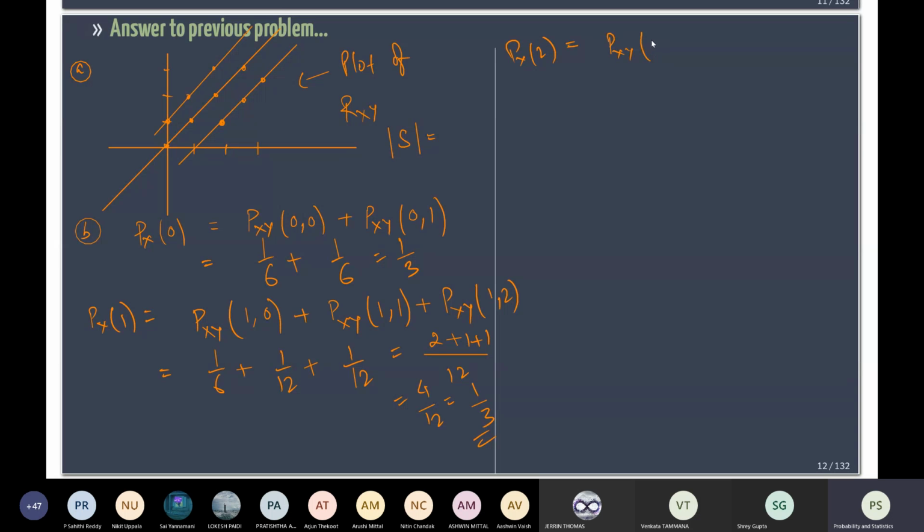Again we go to the joint. (2,0) is not a possibility, but (2,1) is, p_XY(2,2) is, and p_XY(2,3) is too. That's all. Since the 2 is there, the value is 1 over 24 for the first term, and 1 over 24 as well, since the minimum is again 2.